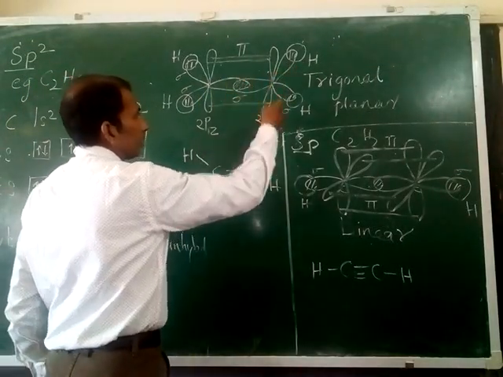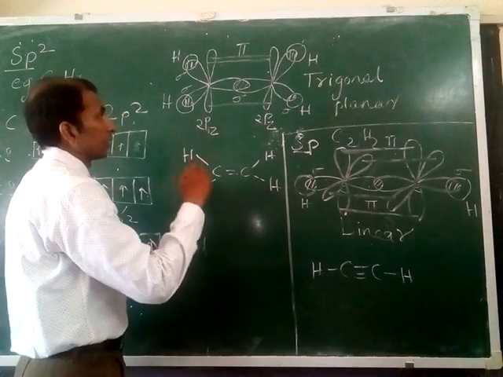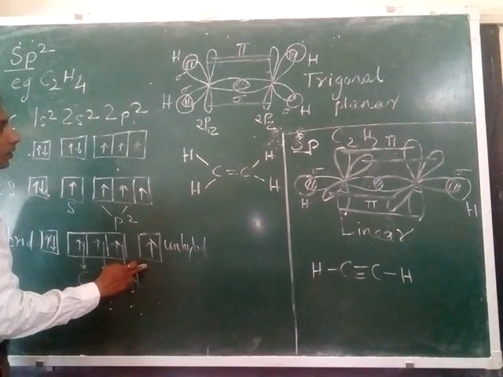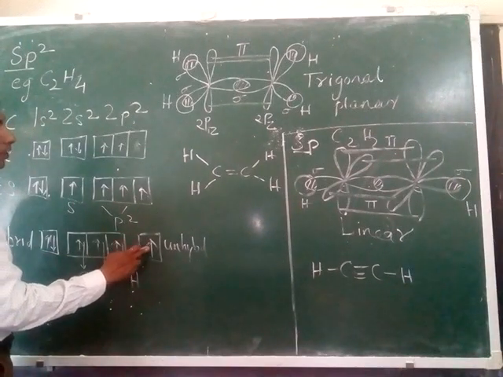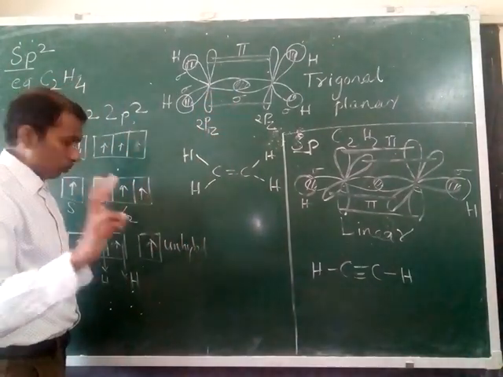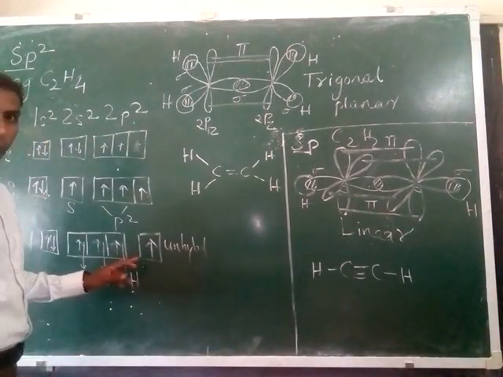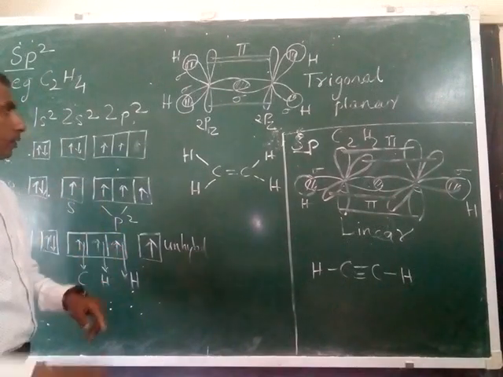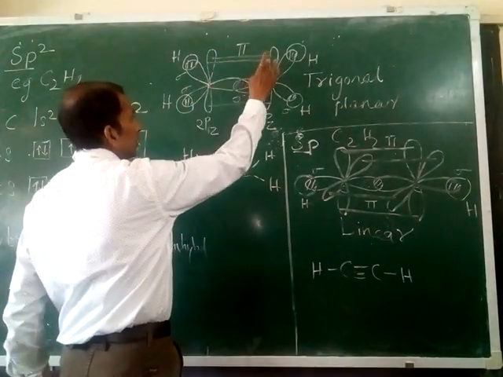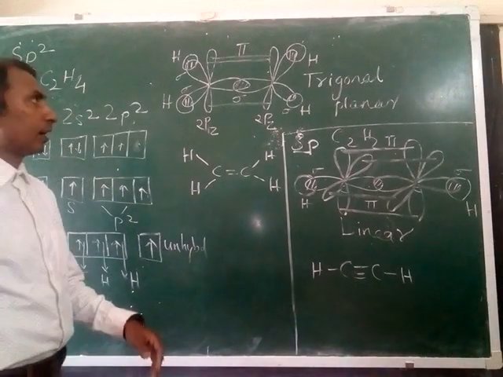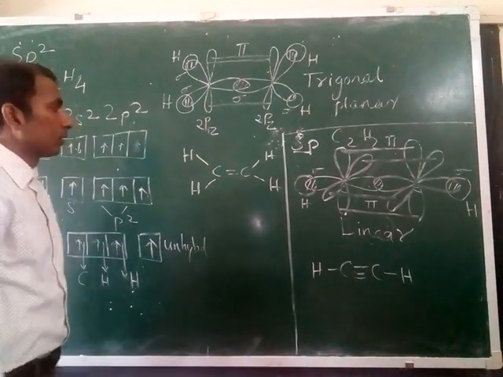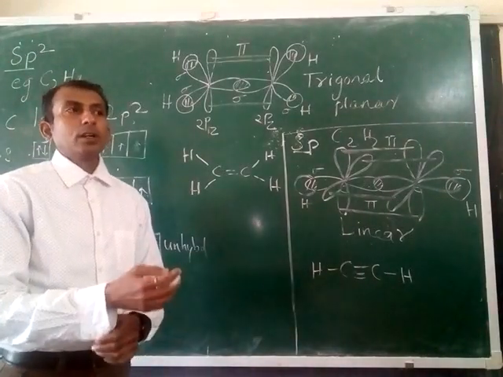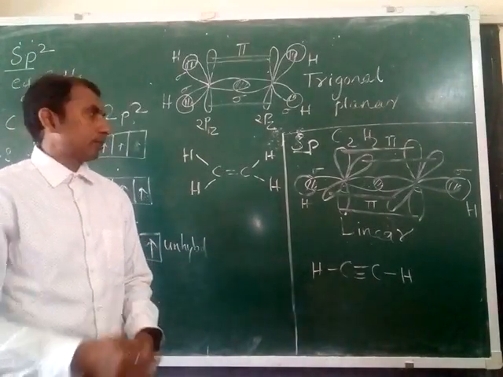So they have trigonal planar geometry, and this orbital here, as you can see, is the unhybridized 2pz orbital containing a single electron. So there are 2 pz orbitals which are unhybridized. They will overlap laterally, both these orbitals containing single electrons, and one more bond is formed, which is called a pi bond.